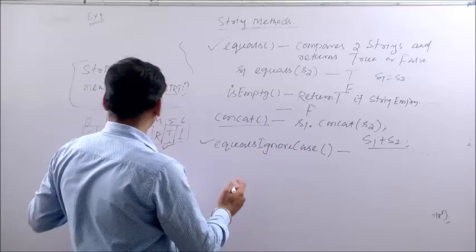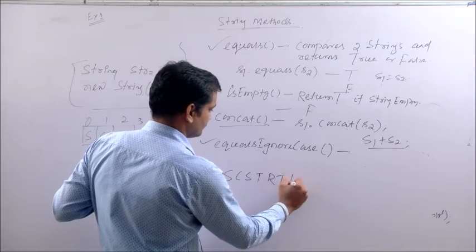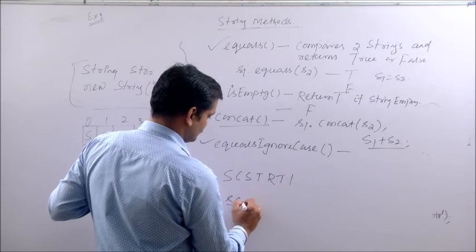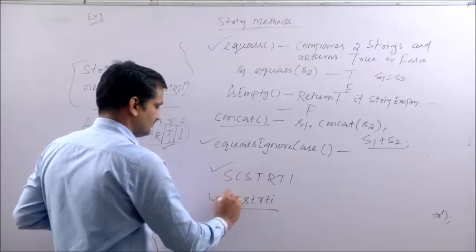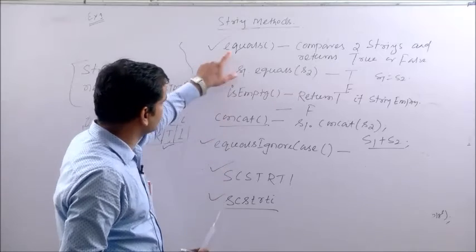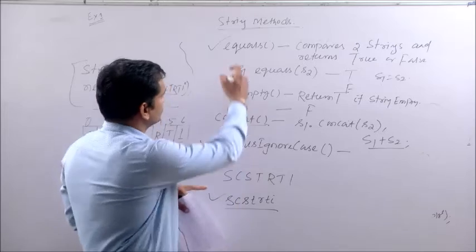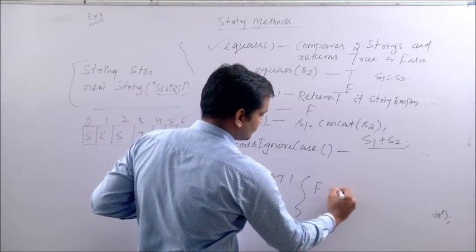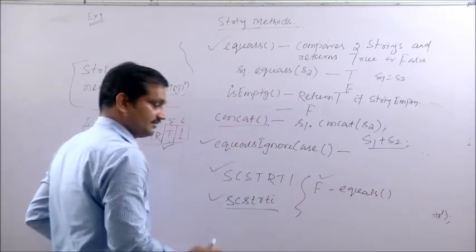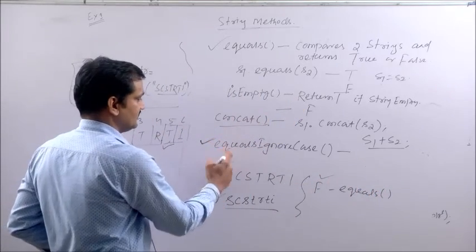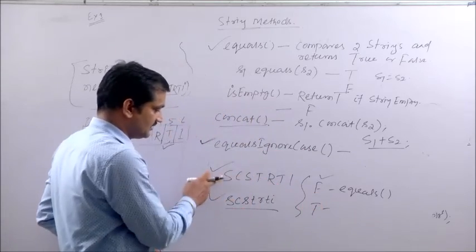That means if a string contains SCSTRTI, this string is different to this string. If you compare using equals, they are two different strings, and the equals method will return false. But if you compare these two strings by using equalsIgnoreCase, then it is going to return true.